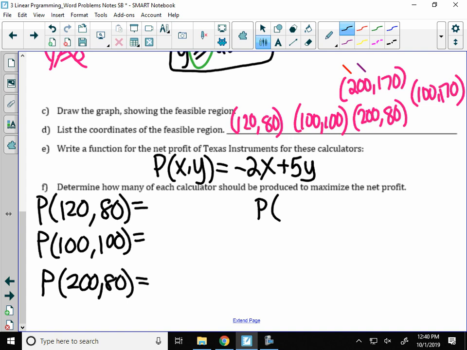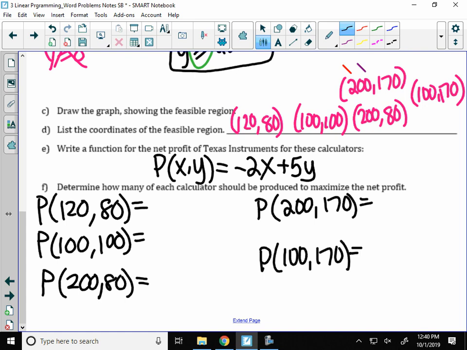Row with Kayla will be, let's do 200, 170. And last row will be 100, 170. All right, so I'll give you a minute. So first row is first one. Second row with Charlie is 100, 100. Caden's row, 200, 80. Then window by the wall, you go 100, 170.